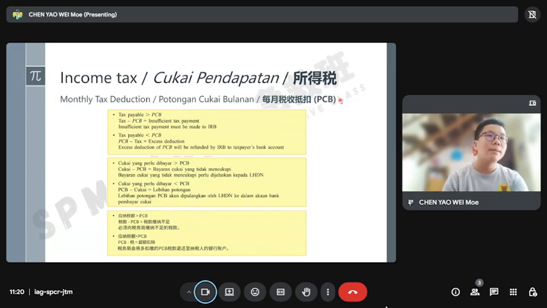But if the tax payable is more than the PCB, the insufficient tax payment must be made to IRB. So for the insufficient payment, we need to pay the money to the IRB. Okay, this is for PCB.